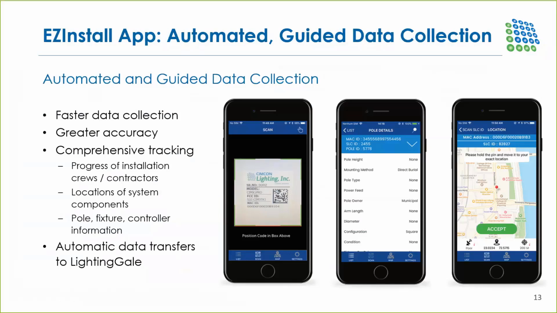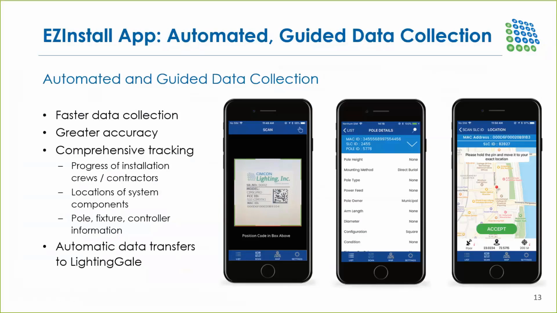The Easy app is a scanner. You can scan barcodes. You can scan your SLC to troubleshoot it or report that information directly back to the cloud. It's really fast to collect the data, and of course, greater accuracy because it's an automated process.